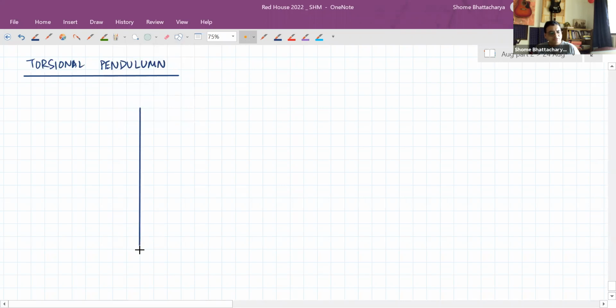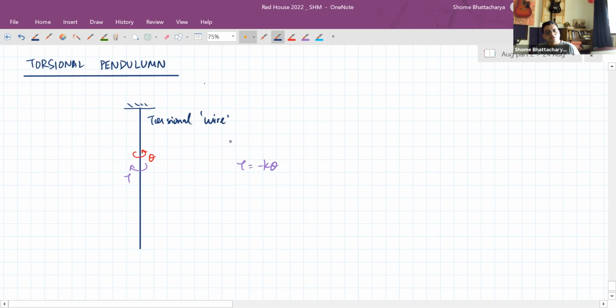So that torsional wire has a property that if you twist it through an angle theta, then it applies a restorative torque. If you twist the wire itself, like a vertically suspended wire, if you twist it through an angle theta, then it applies a restorative torque of tau, which becomes minus k theta. So that is the property of a torsional wire.